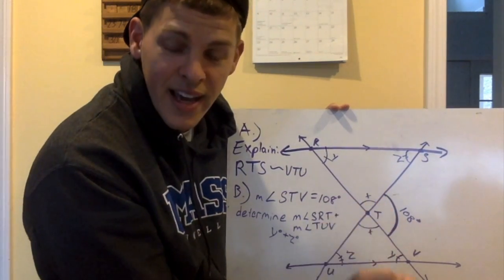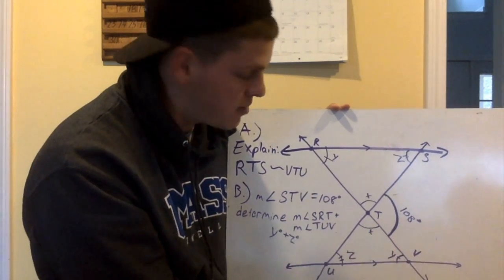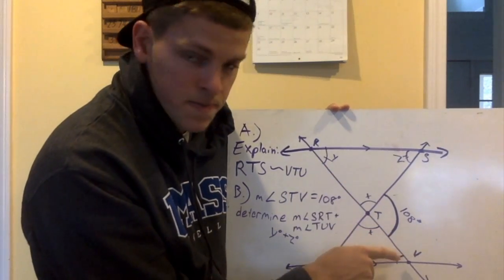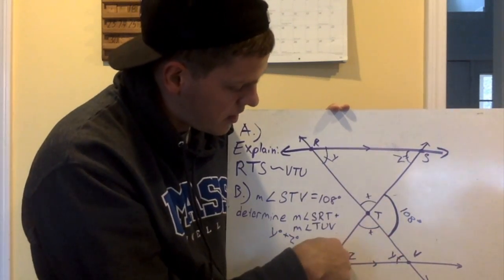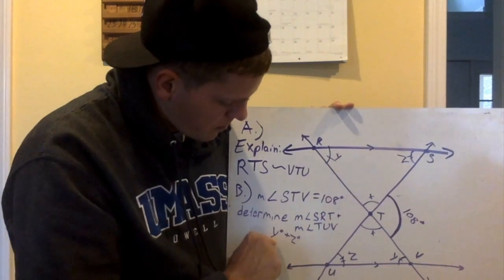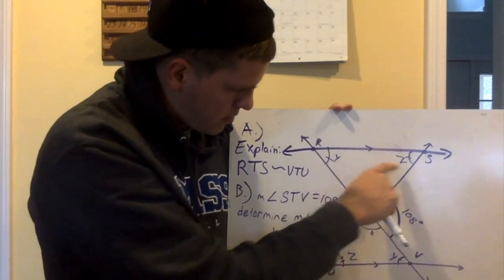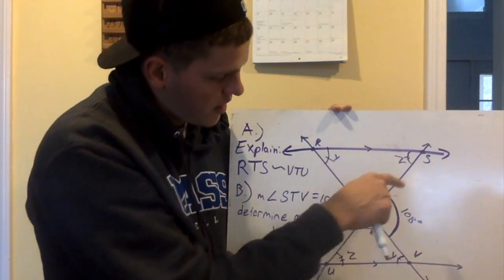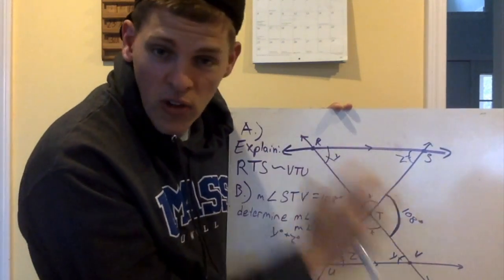Now, one thing I kind of skipped a step because I labeled it this way. Because I labeled Y, and I know that these are similar, and I labeled this, and I know that these are similar, Y plus Z, and Y plus Z are all the same thing.